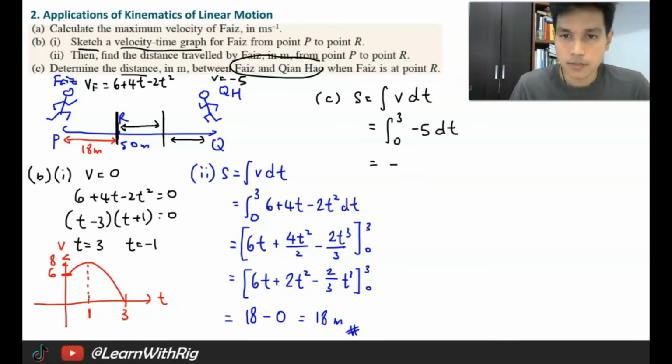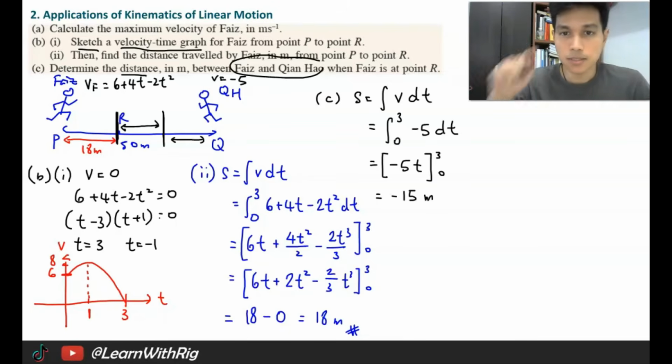So you get -5t. Sorry, there's no plus c, my bad. Plus c is when there is no range given, so it's 3 and 0. So you straight away substitute, you will get -15 and then -0, so you get -15 meter.